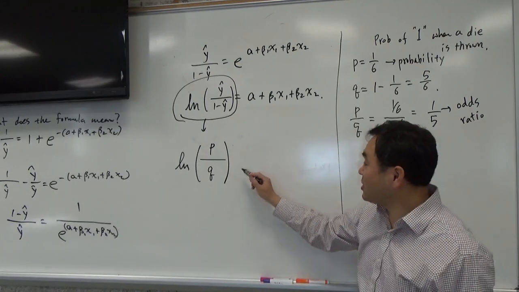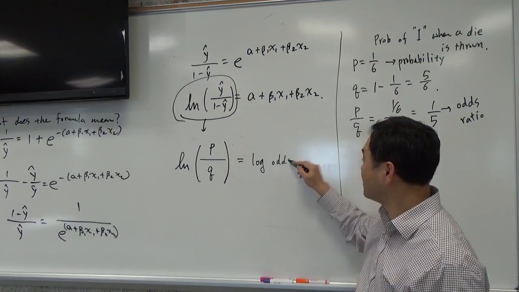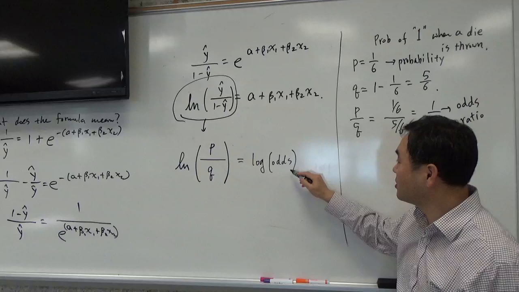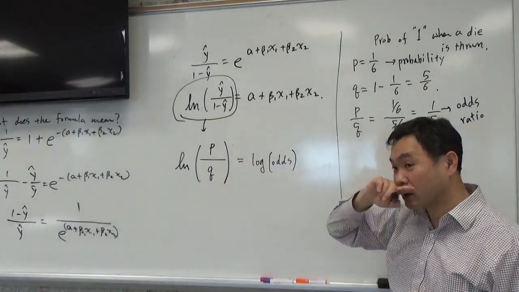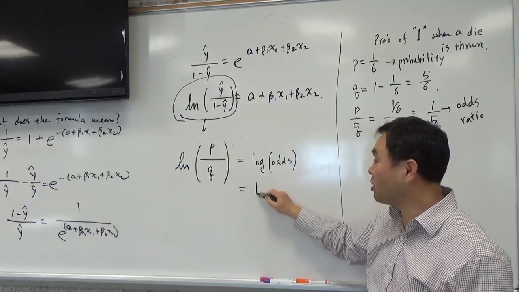So what this is really doing is log odds. People call this log odds, but it's used frequently enough that it has its own name. It's called a logit function.